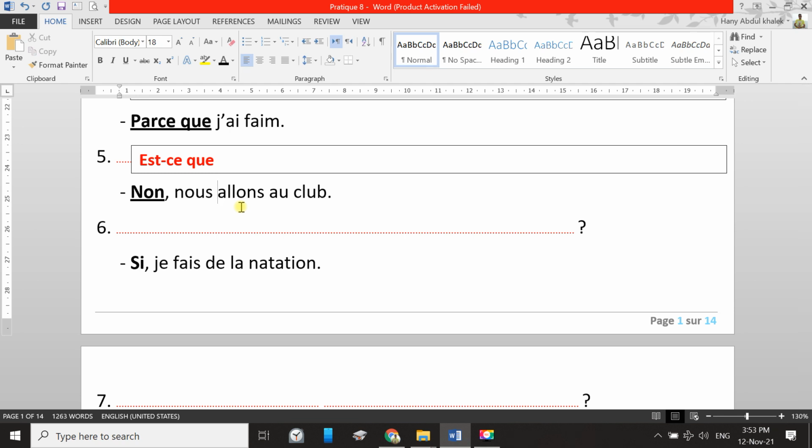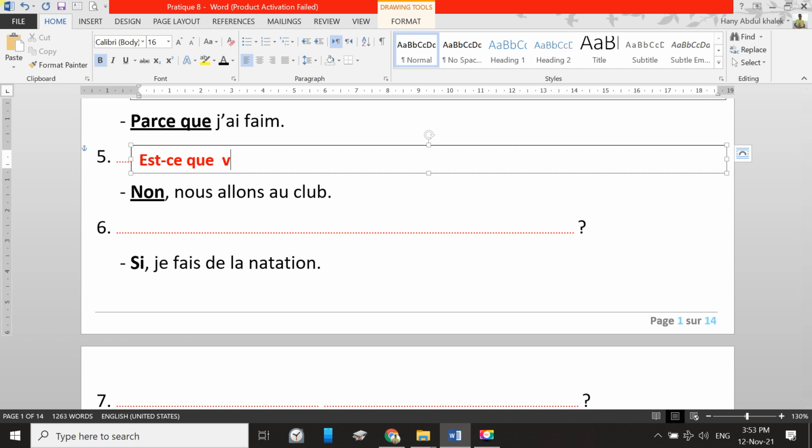No, we are going to the club. So the sentence is not in the negative form, but it's in the opposite form. So here we say something else. Est-ce que vous allez à la piscine, par exemple? Are you going to the swimming pool? No, we are going to the club. You understand it?